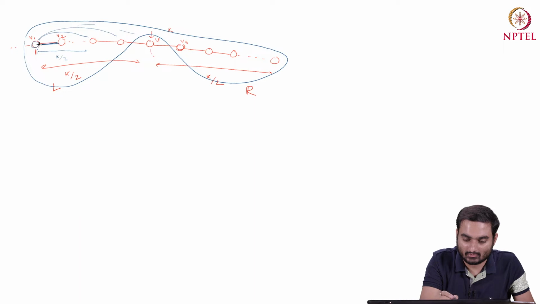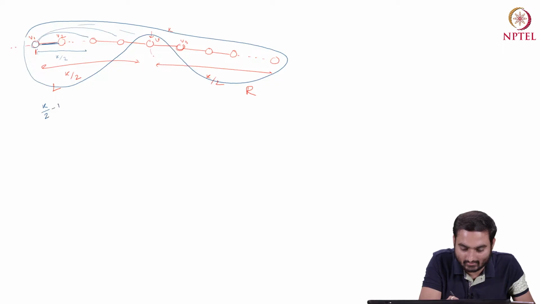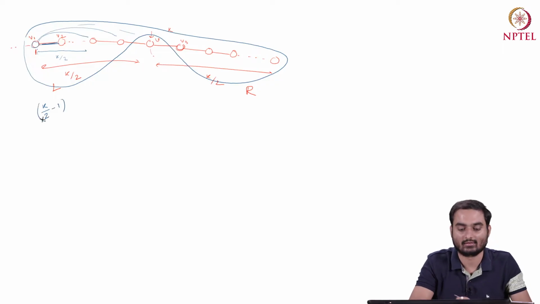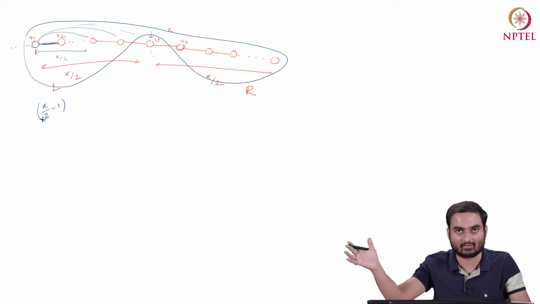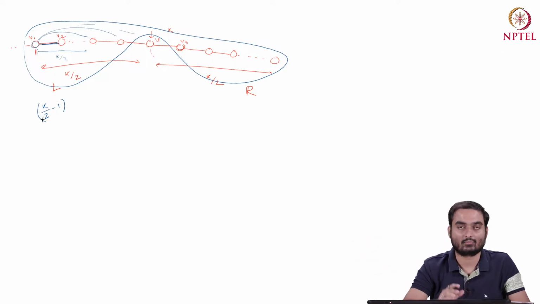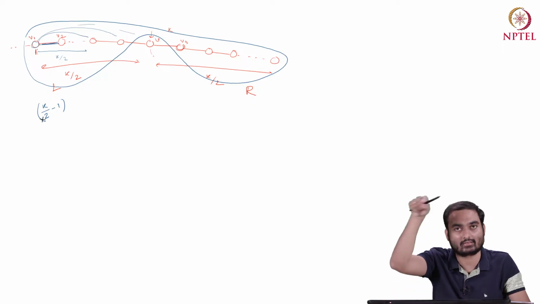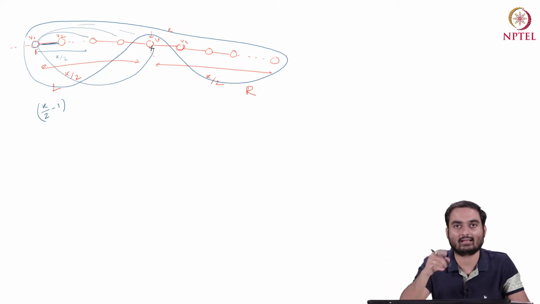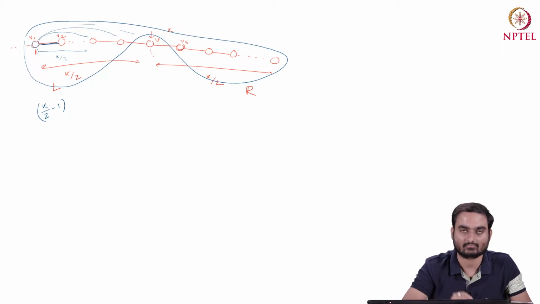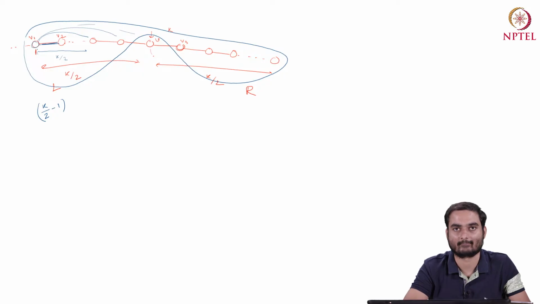Okay, so we need to consider k by 2 minus 1 edges. Why k by 2 minus 1? Because V1 is connected to k by 2 nodes on the right side of it, right? Why minus 1? Because V1 is also connected to V, but that edge will not be considered while calculating the clustering coefficient. Therefore, k by 2 minus 1.